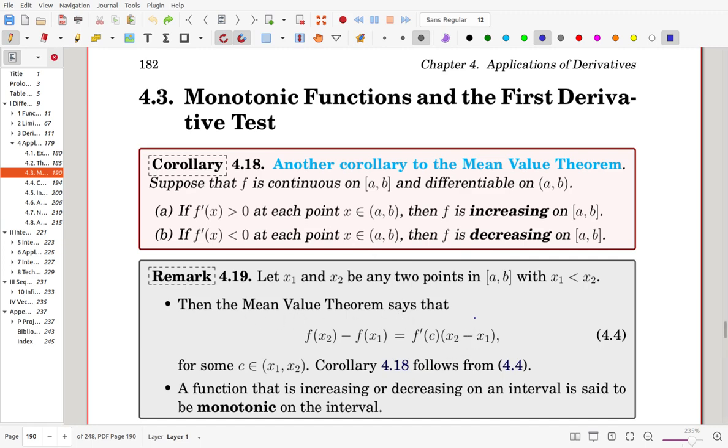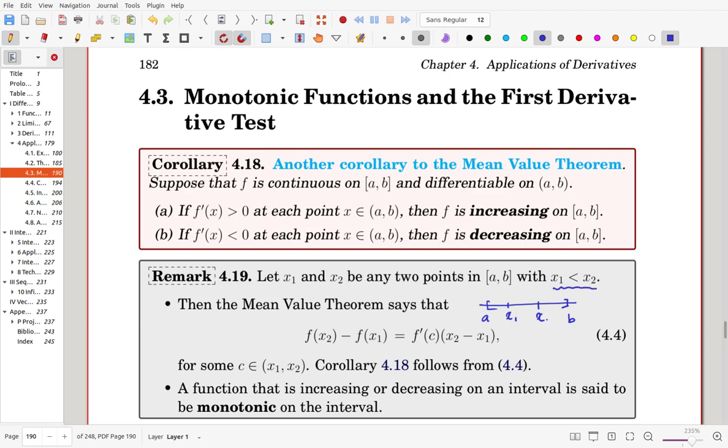Okay, here, between a and b, on the closed interval a and b, we are choosing two arbitrary points, x1 and x2, with x2 to the right of x1.